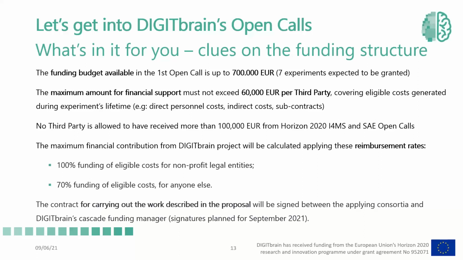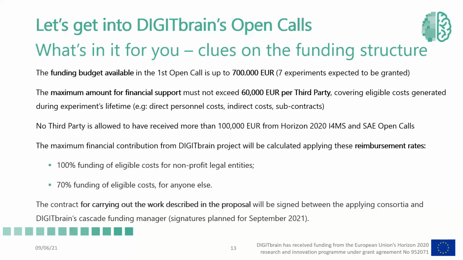So 7 experiments are expected to be granted, but the maximum amount for financial support must not exceed 60,000 euros per third party, covering only eligible costs generated during the experiment's lifetime. So direct personal costs, indirect costs, and subcontracts. You'll find the details in the guide for applicants.